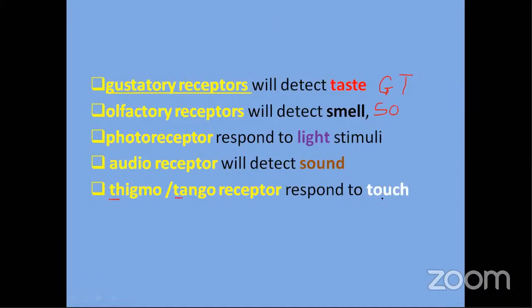It is touch. Okay. But why are the receptors required, people? What is the need for the receptors? Ma'am, if our body gets hurt. Yes, so that our body can recognize and we can take precautions.